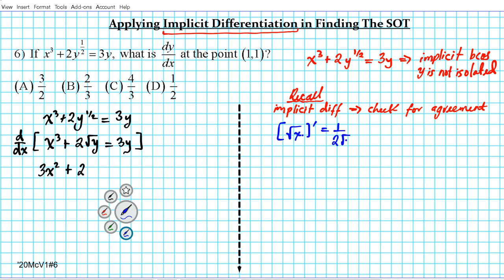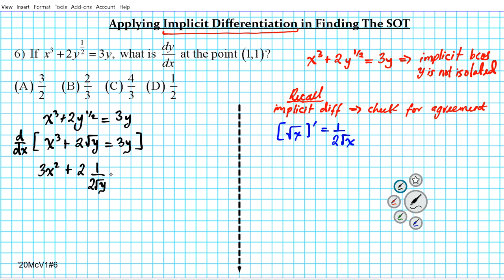If you don't remember this, you can just apply the power rule and arrive at the same result, but this is much faster. So we apply that here. You factor out the 2, differentiate root y, and you end up with 1 over 2 root y. Since there's this disagreement, what do you have to add on? dy/dx, or you can add y prime. It's the same thing.